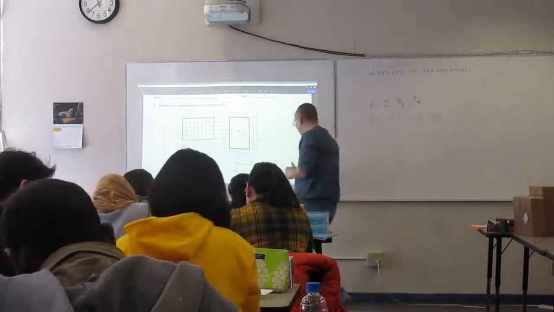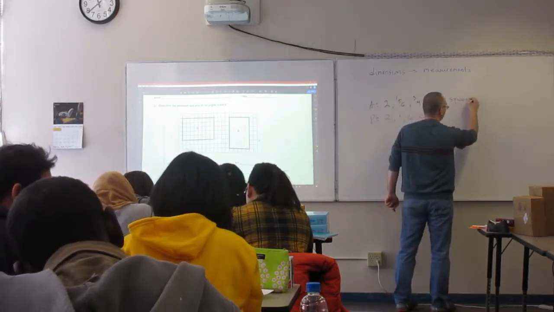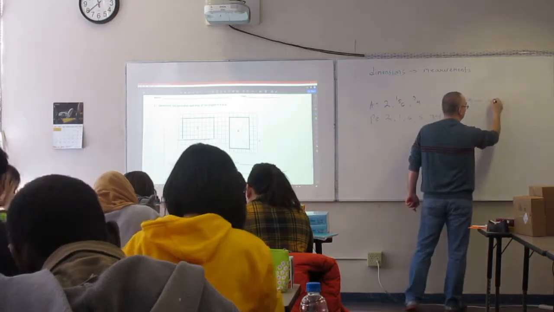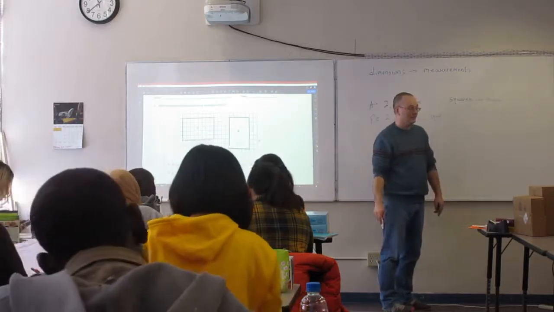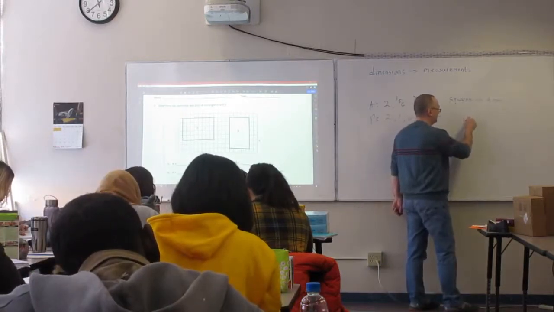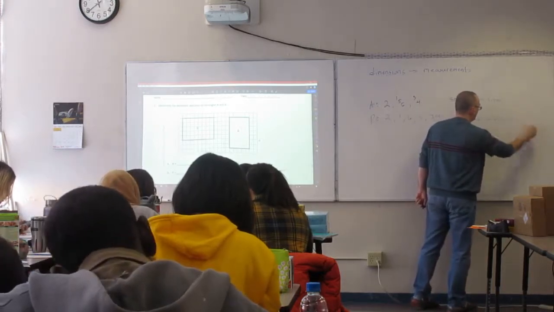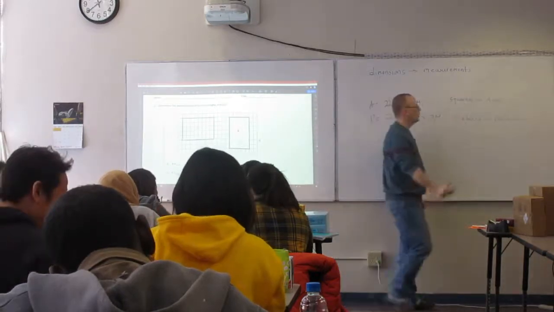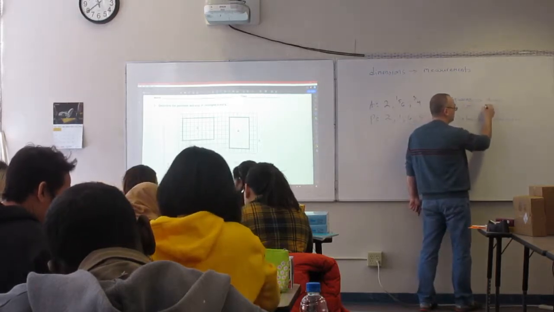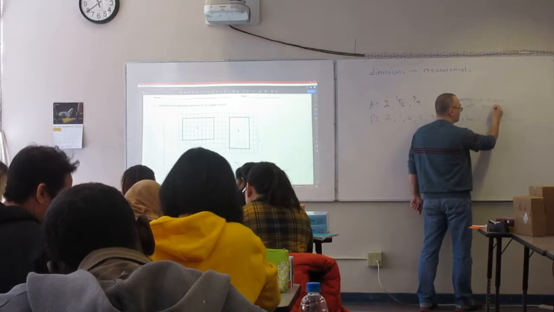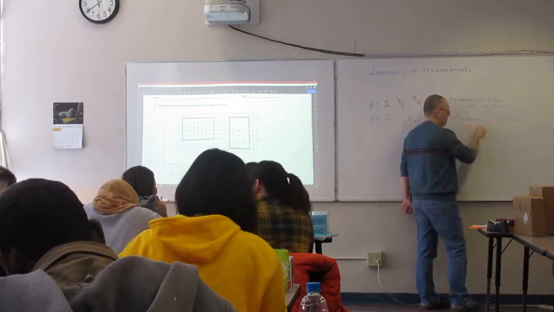Are you counting squares? Area counts squares, right? Distance is perimeter. So if you're counting squares, you will use square centimeters or square inches. If you're counting distance, you're just going to use centimeters.